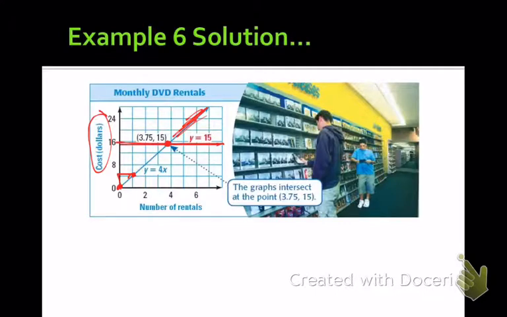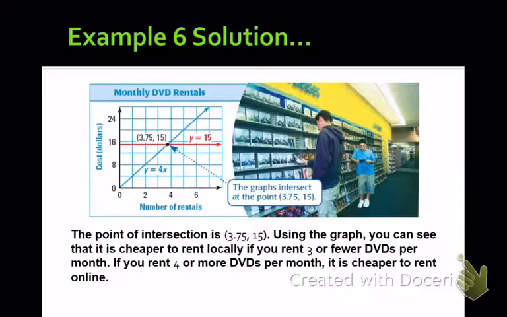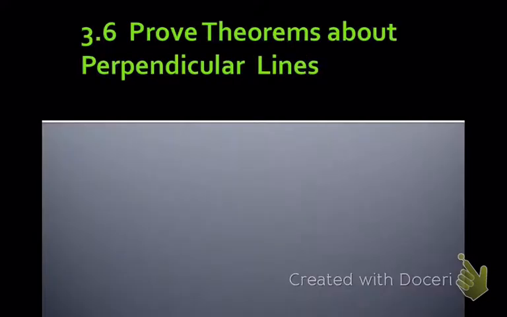So you have to rent 4, because that's the place where the cost is more, or more. Okay? It's cheaper to rent locally. It's cheaper to go to the store if you're going to rent 3 or fewer. It'll be cheaper to do the online if you end up renting 4 or more. So that answers our question there.